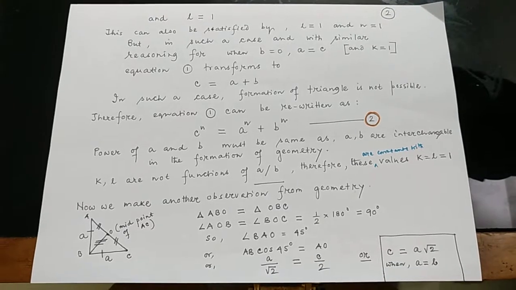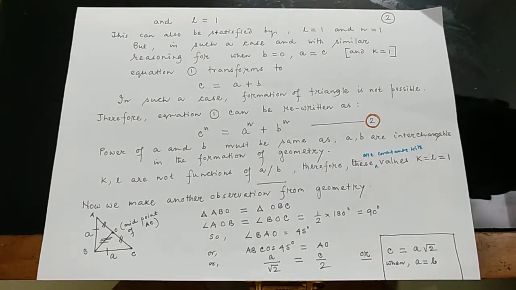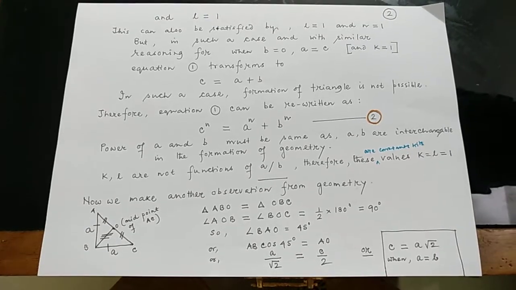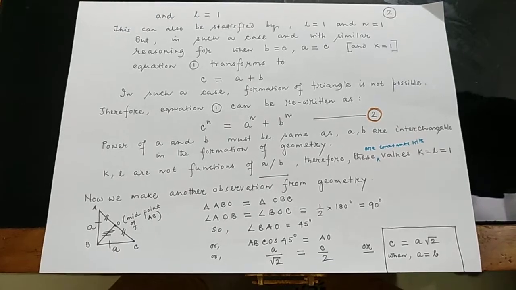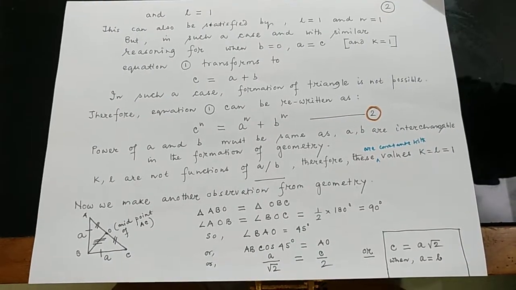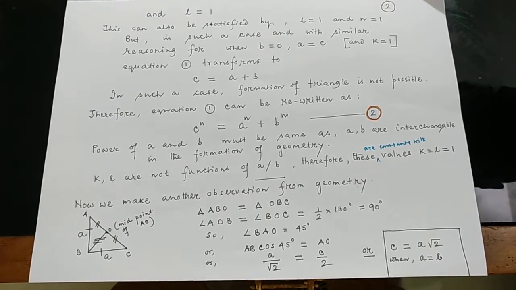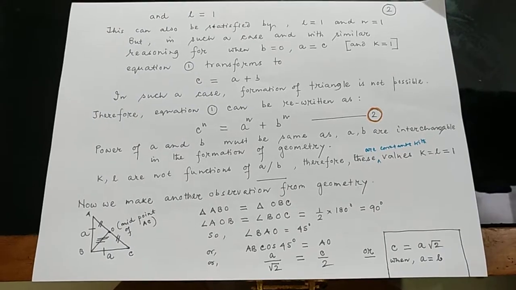So we find that when we take n equal to 1 and the previous equation is satisfied for l equal to 1, since a and b are interchangeable, we find a relation like c equal to a plus b as the governing function.